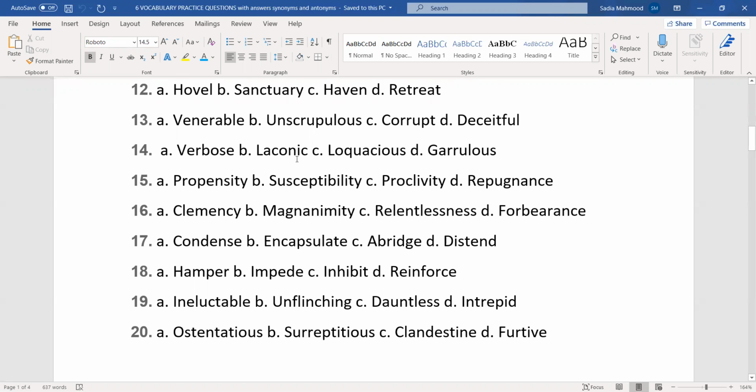Option B, laconic. Option C, loquacious. Option D, garrulous. Question number 15: option A, propensity. Option B, susceptibility. Option C, proclivity. Option D, repugnance.